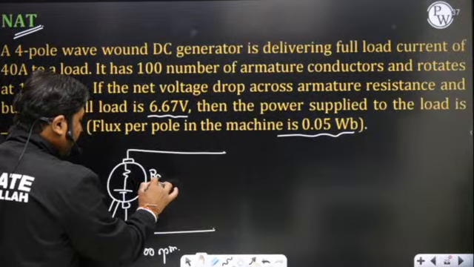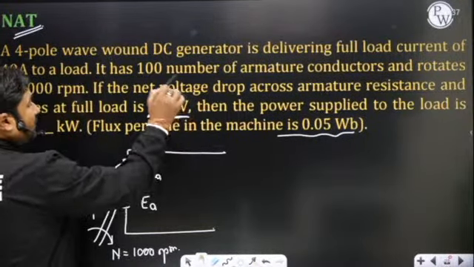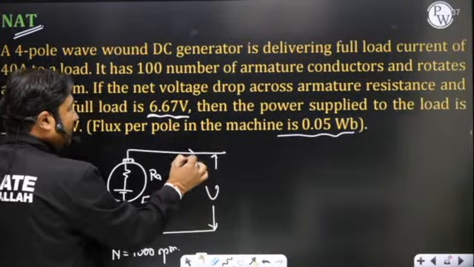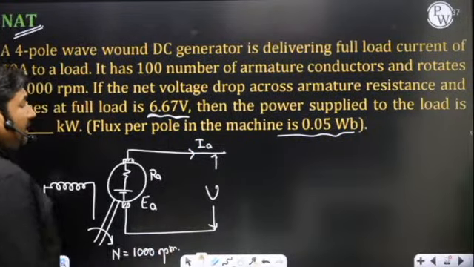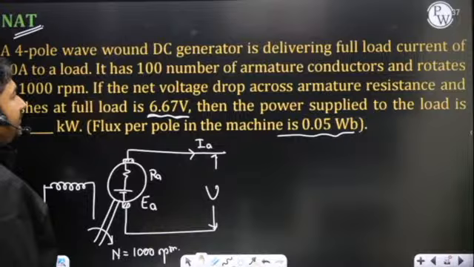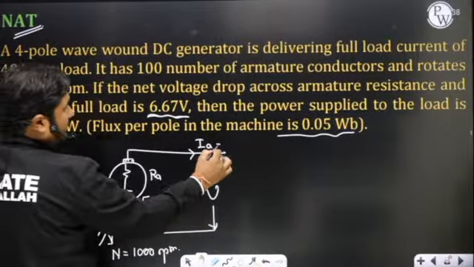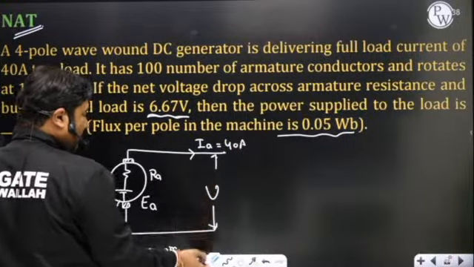Then RA and brush drop: the total net voltage drop is given to you, so you can calculate terminal voltage. If you have terminal voltage and you have EA, it is given that it is delivering a full load current of 40 ampere. This is given to you, 40 ampere. It may be taken as IL or IA.